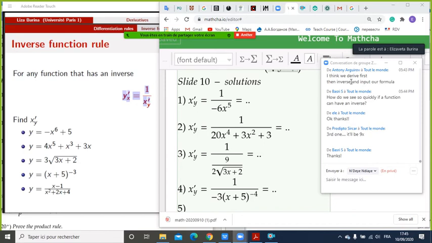But the idea is that we can go both ways. We can first find the inverse and then its derivative, or we can first find the derivative of whatever we have, use the inverse function rule, so say that it's 1 over, and then substitute by the inverse, and then it will work. The third one, it will be 9x.